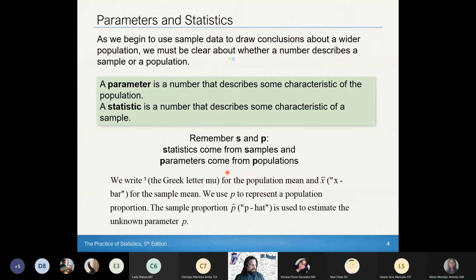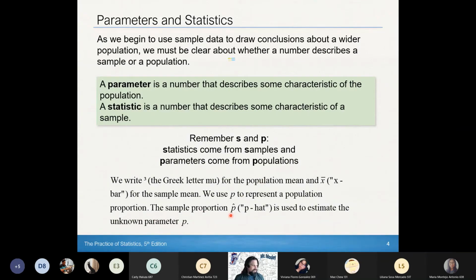We write the Greek letter mu for the population mean and x bar, that's the little x with the bar, for the sample mean. We use p to represent a population proportion. So we could say p equals 0.15 for the proportion of people over 6'5". I don't know, but that would be a proportion.